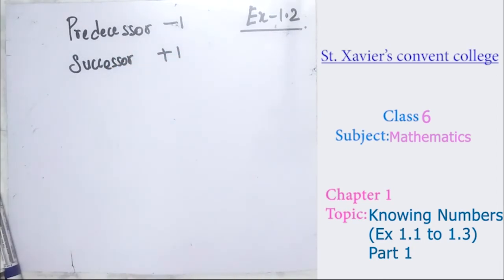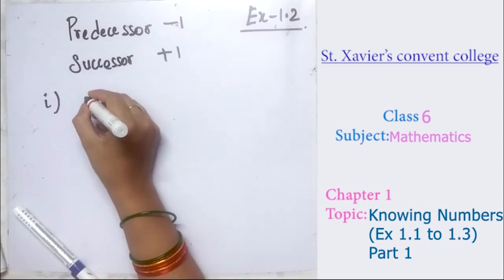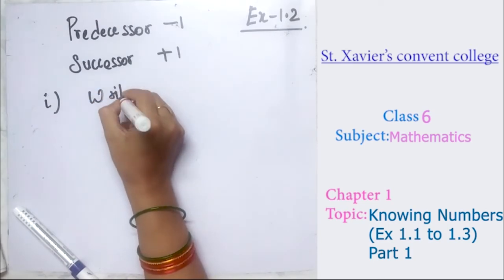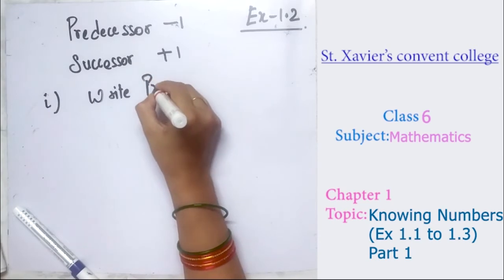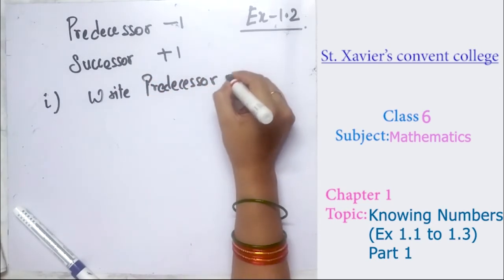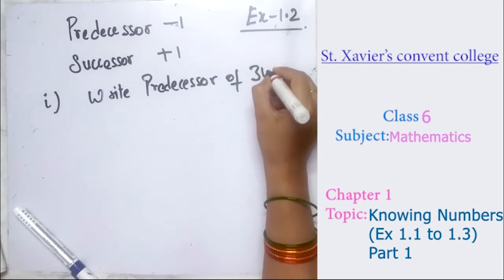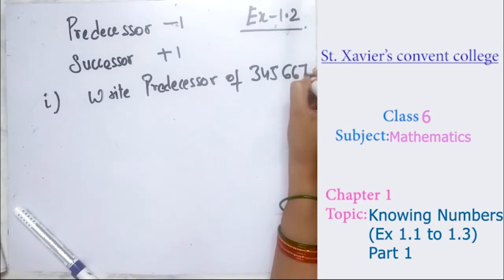For example, we will discuss a question over here, and the question is, write the predecessor of 3, 4, 5, 6, 6, 7.